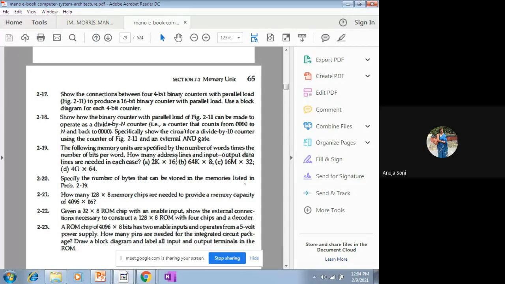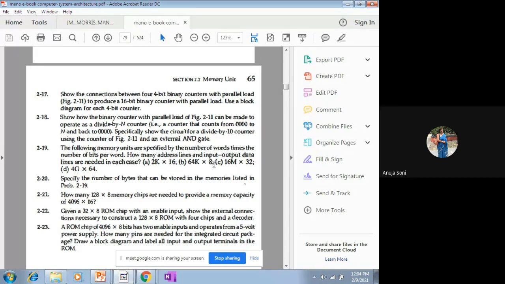By observing this, the size of the memory given in A part, what will be the input output data lines? 16 will be the input output lines, meaning the size of the data, one and the same thing. This is the answer to the second part, input output data lines. 16 in this case.